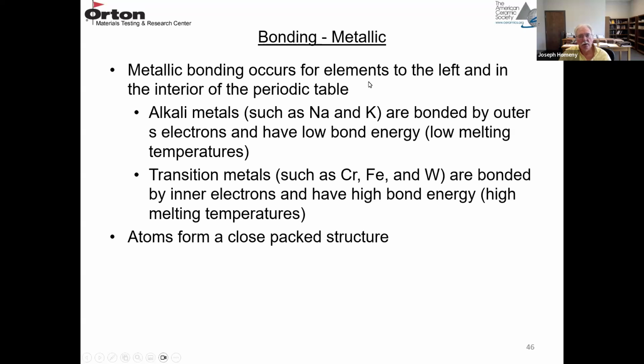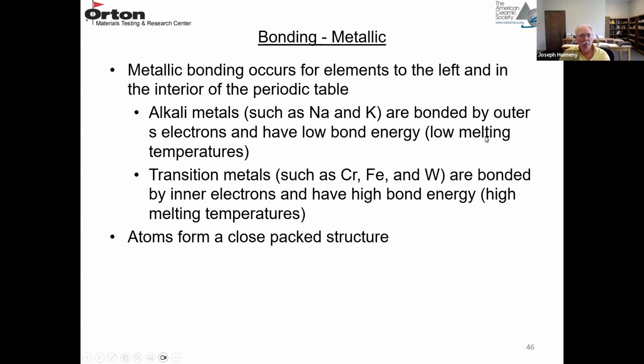So metallic bonding occurs in elements to the left and to the interior of the periodic table. So the alkali metals such as sodium and potassium are bonded by their outer s electrons. And because they're the outer s electrons and their low atomic number, they have low bond energy.